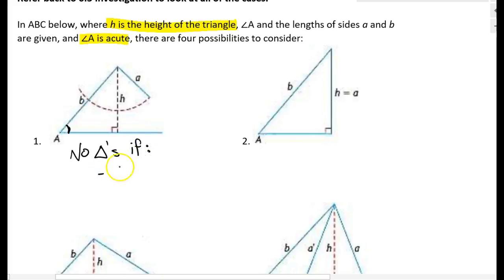So we have no triangles if A is smaller than B and A is also smaller than our height. So remember, in this case, H is the height, not the hypotenuse.